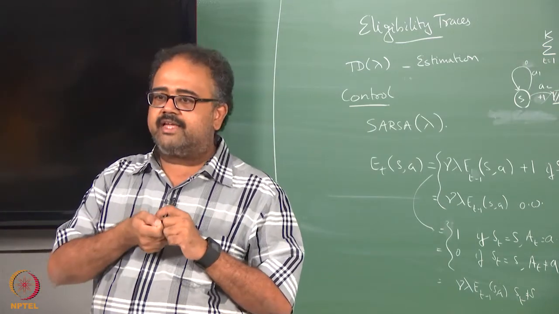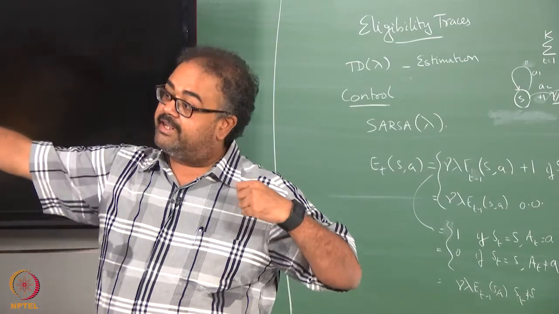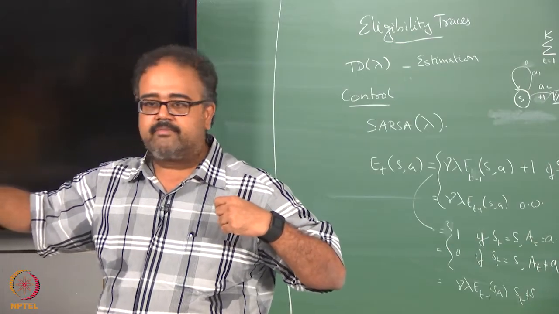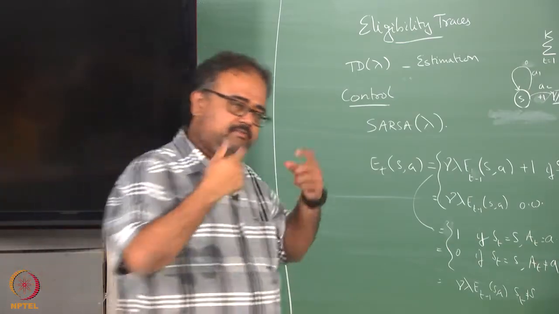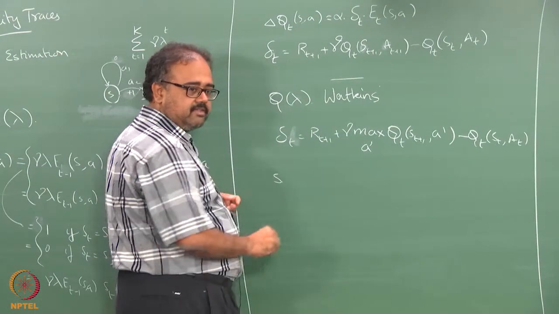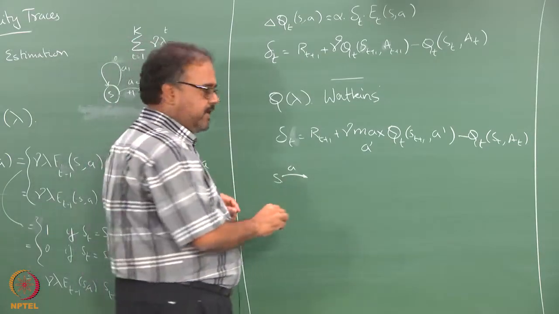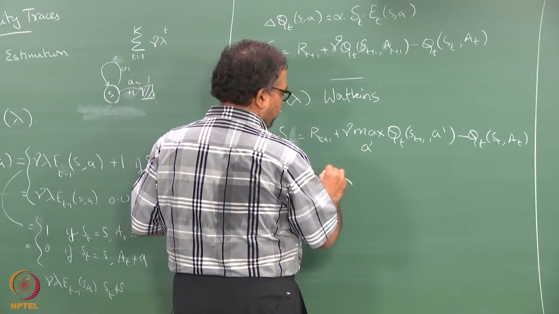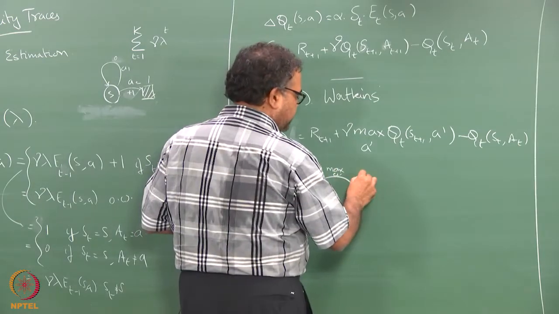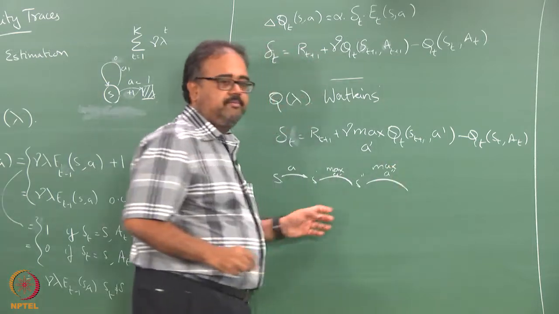So, as long as I am being greedy and generating my trajectories, I can use the entire trajectory for Q learning. If you think about it, what I really need is, I start from S, I take some A, that part is fine, I go to some S prime, then I take max a prime, and I go to some S double prime, and I take max over a double prime and keep doing this.